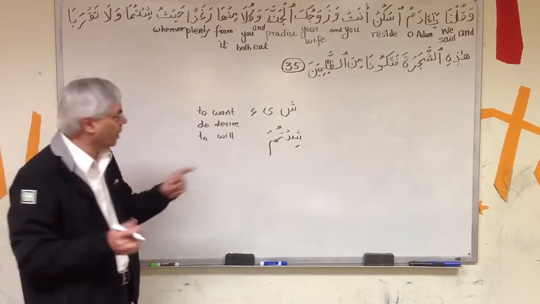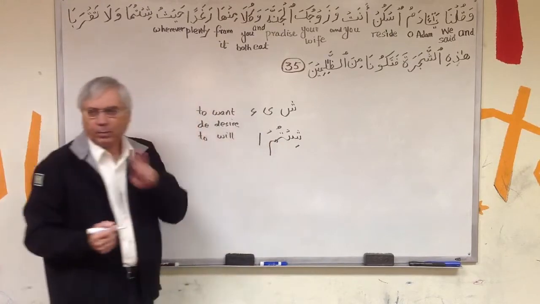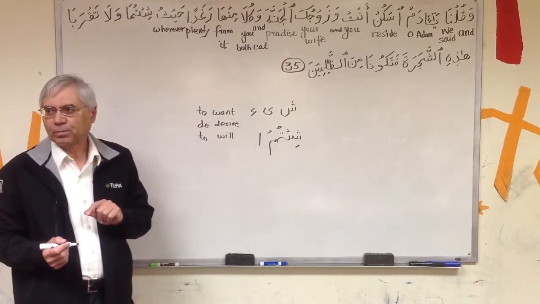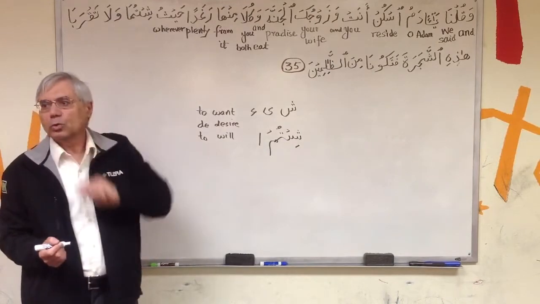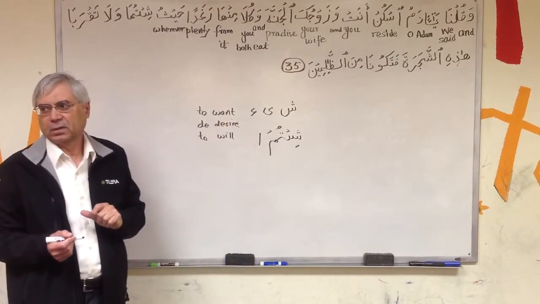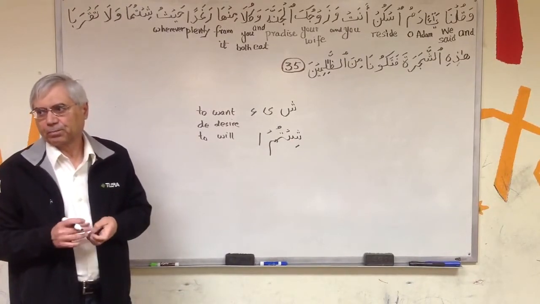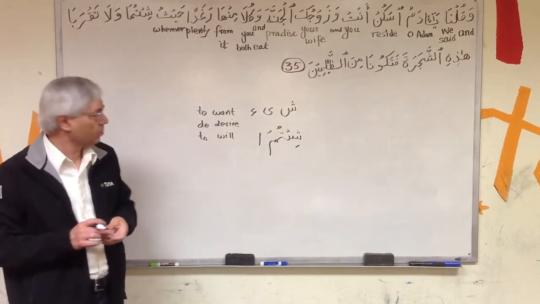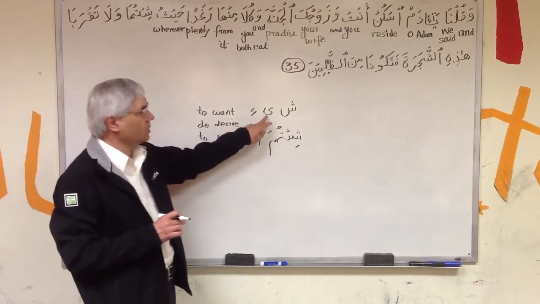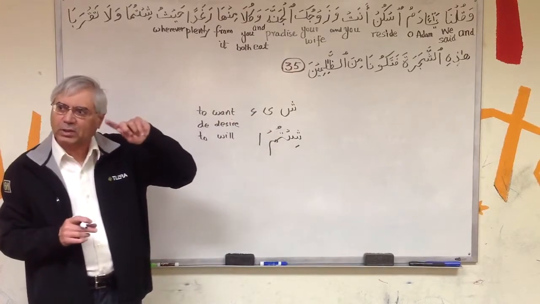Plural. But when I put the alif at the end, it becomes for two people. So shi'tuma here is "you two wanted." Wherever you two wanted to eat. So one alif dropped out when you attached to you, because it was sha'a. Because this is a weak letter, it was sha'a for the third person past.